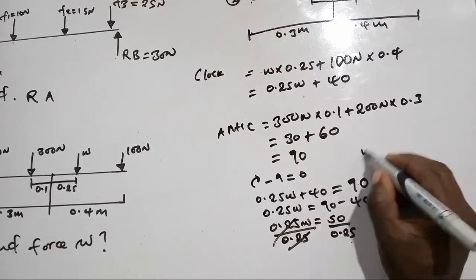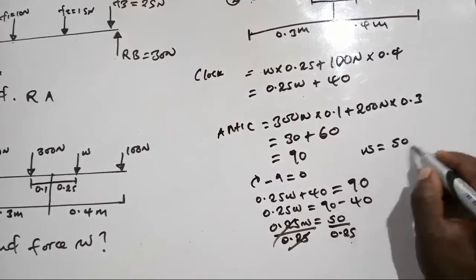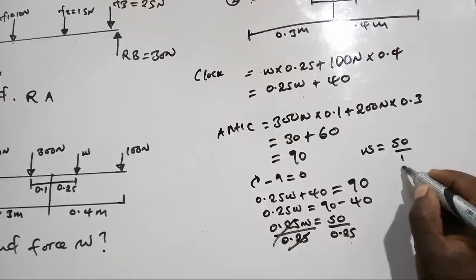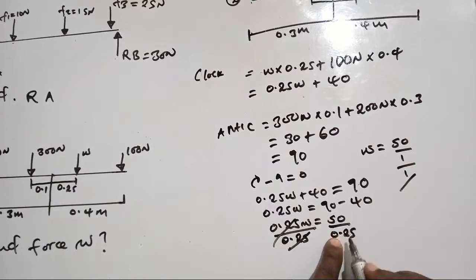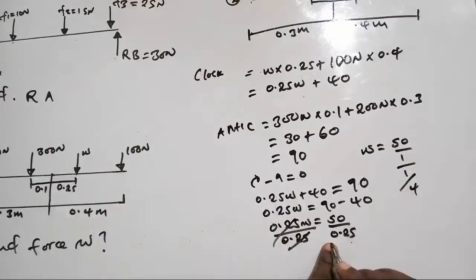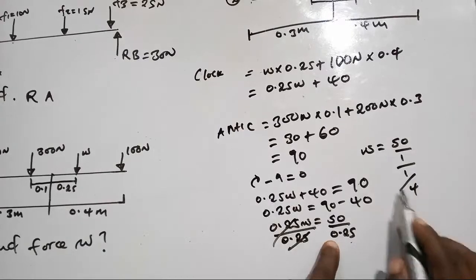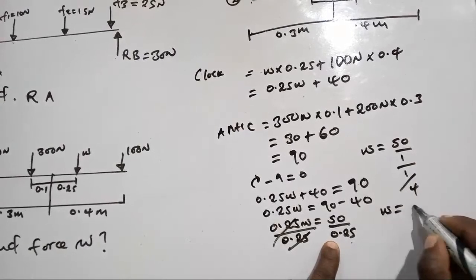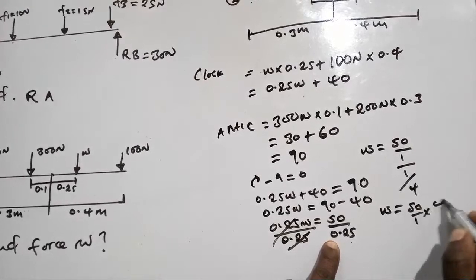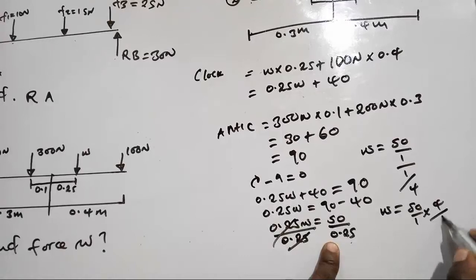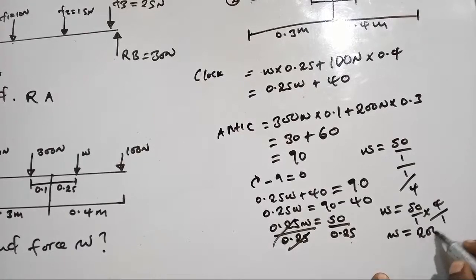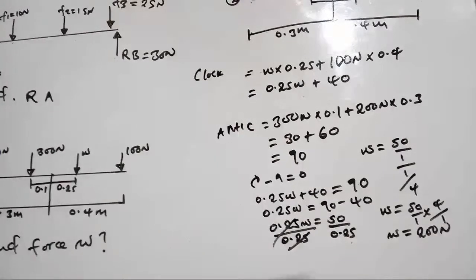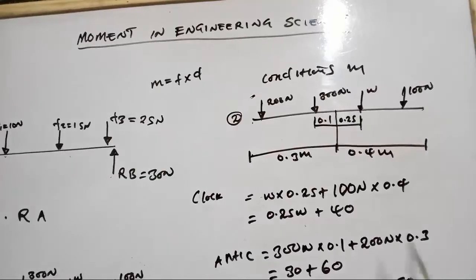So W will be equal to 50 over 1 times 4 over 1, in which W will be equal to 50 times 4, you are going to have 200 Newton, because this is the force which we are looking for.